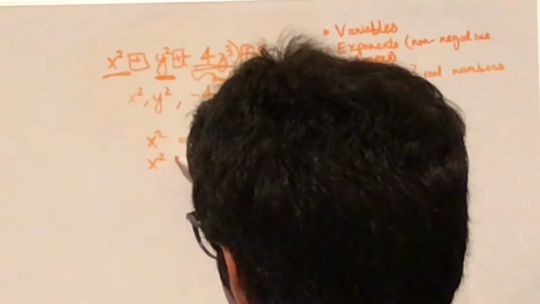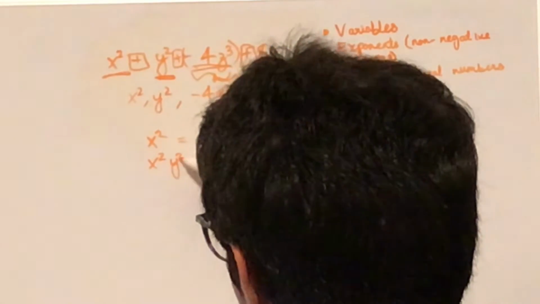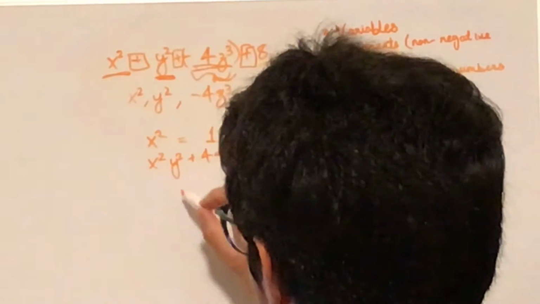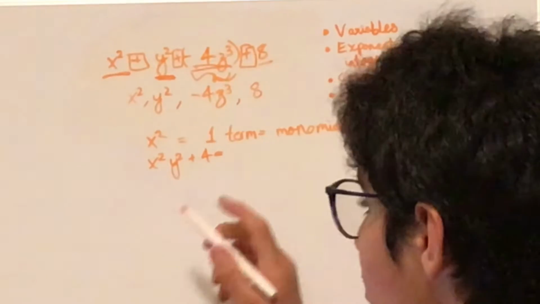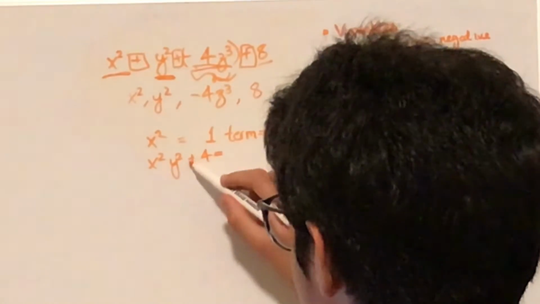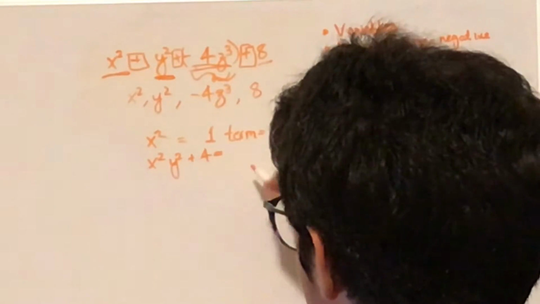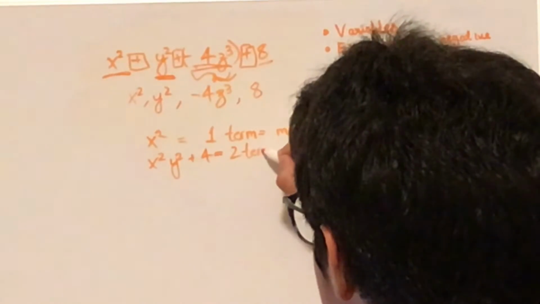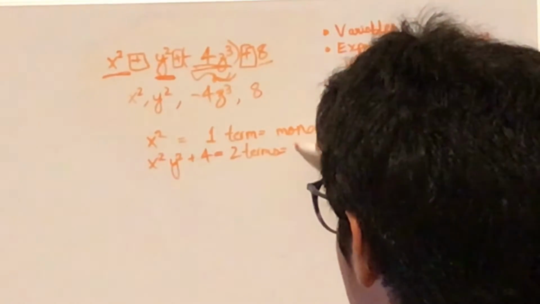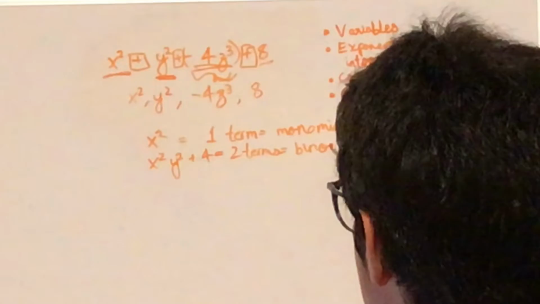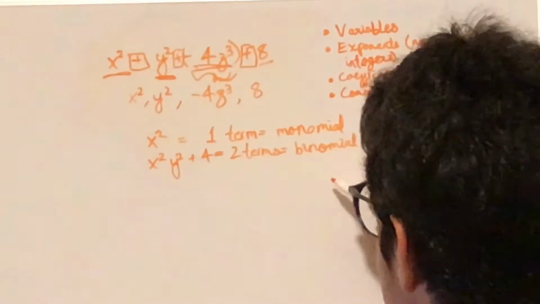Take x squared, y squared plus 4. We have x squared y squared, that's just one term. It's not two different terms, it's one term, because there's one plus over here that separates the two. This has two terms, so it's a binomial. Bi means two, like in bicycle.